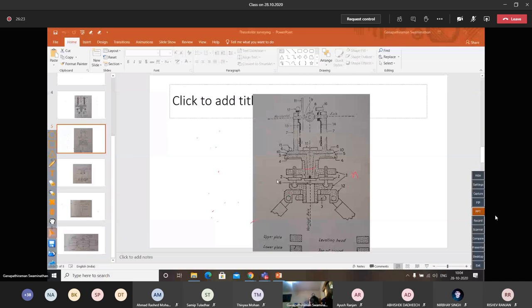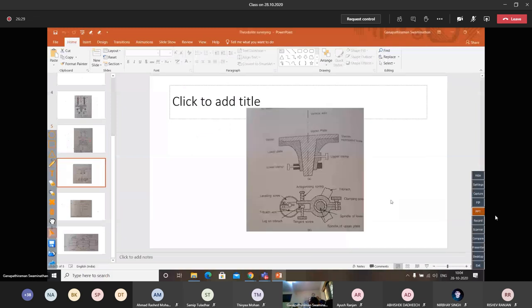This is a typical cross-sectional view of the plate. There are two clamps, an upper clamp and a lower clamp.